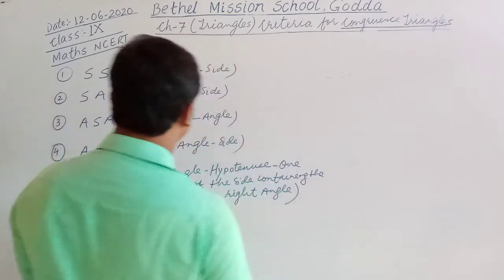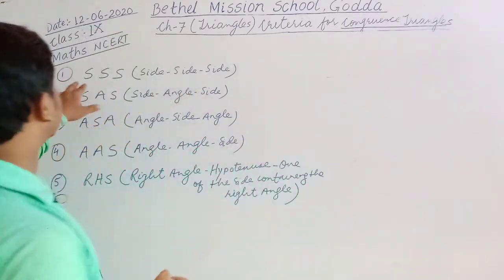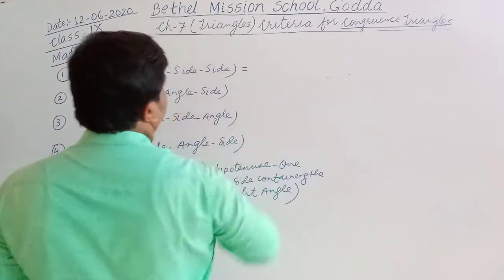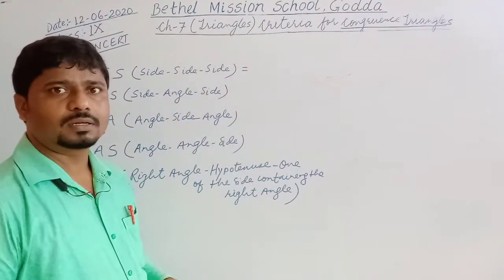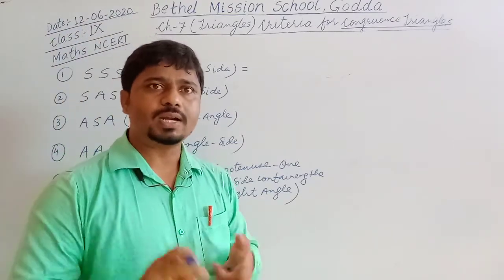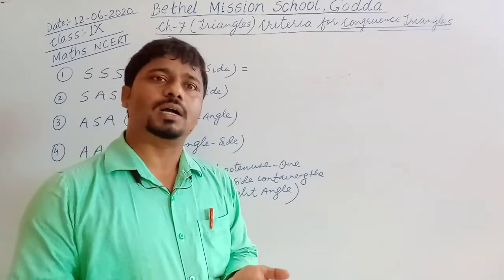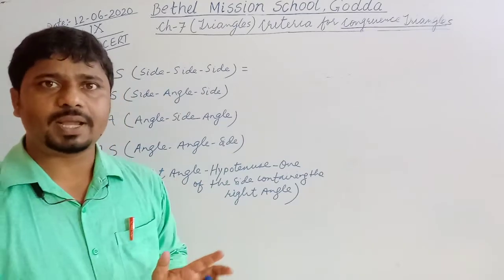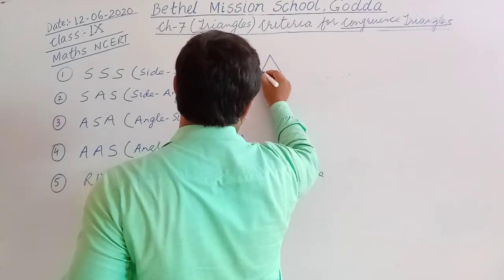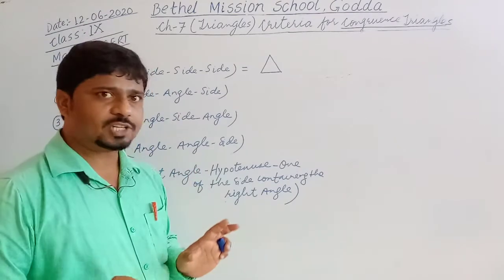We will understand all these 5 properties by the diagram. So first one is SSS, side, side, side. This property says if 3 sides of one triangle are correspondingly equal to the 3 sides of another triangle, then the 2 triangles will be congruent. For proving 2 triangles congruent, you need at least 3 parts.